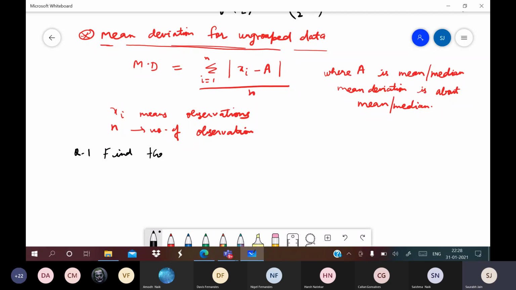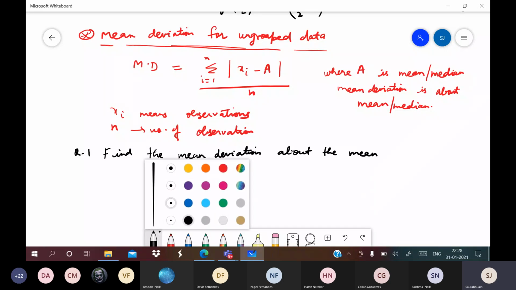Find the mean deviation about the mean. So now you will understand in which form they ask the question.